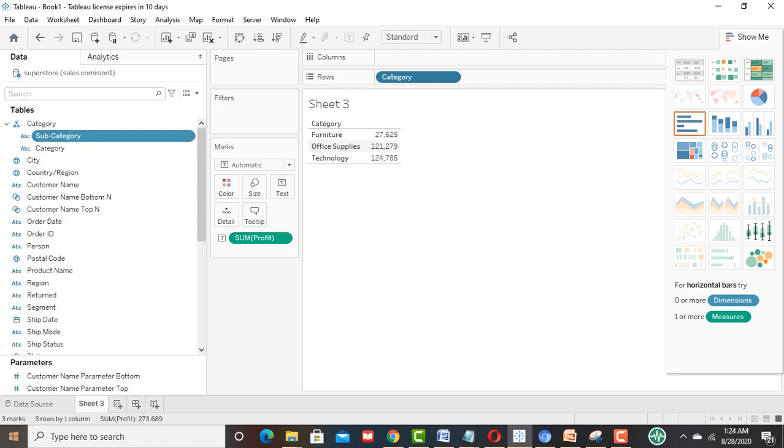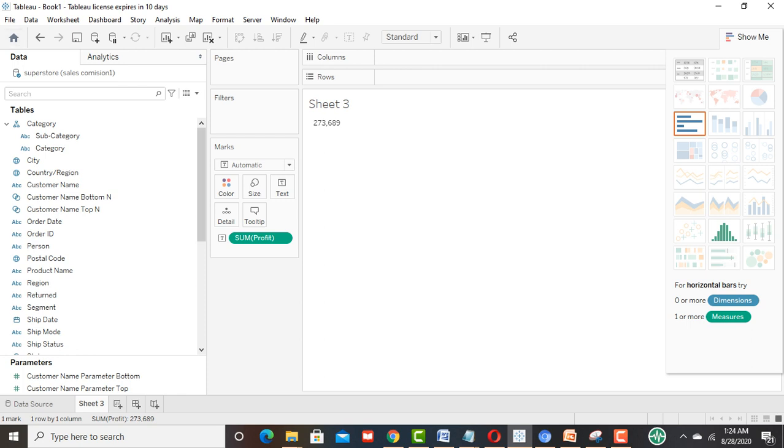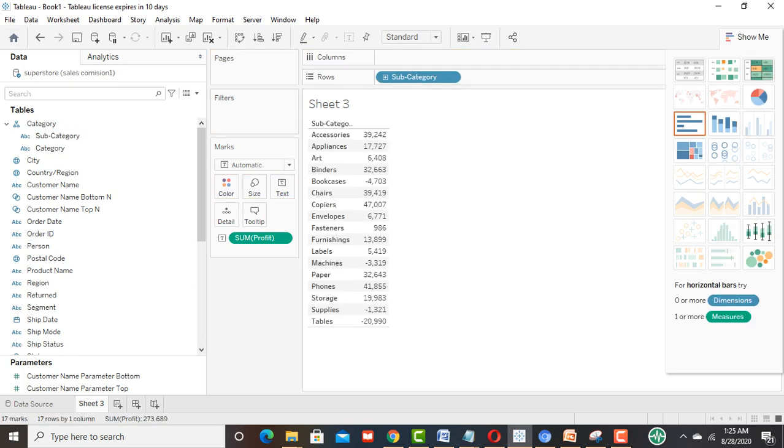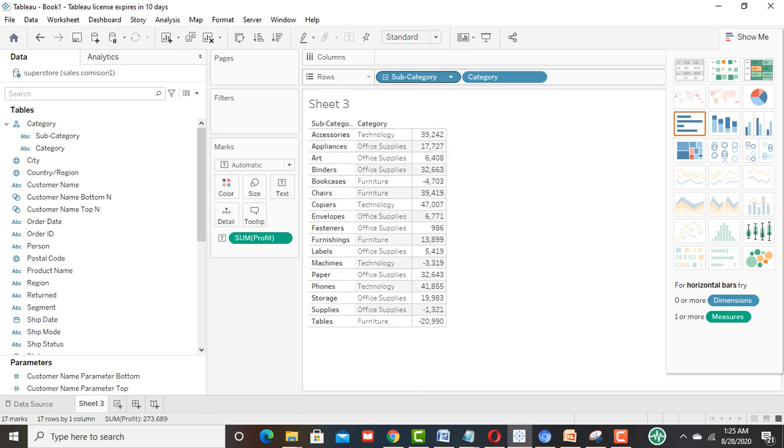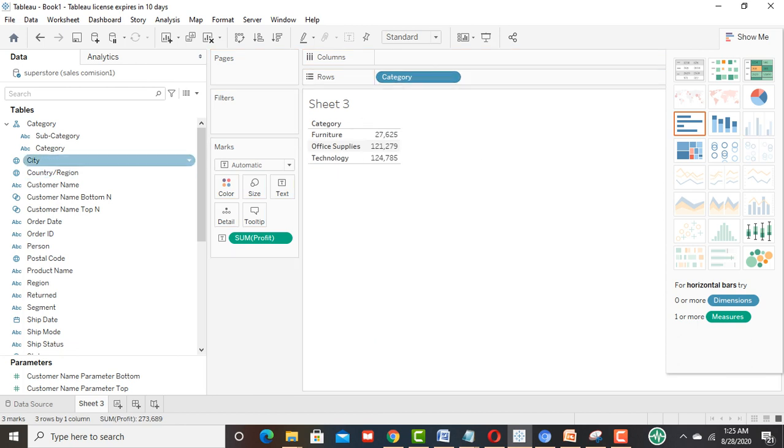So I'm going to remove this one and bring the data category and subcategory. So now you can see here, oh, by mistake, in the hierarchy it should have the first level of the category.